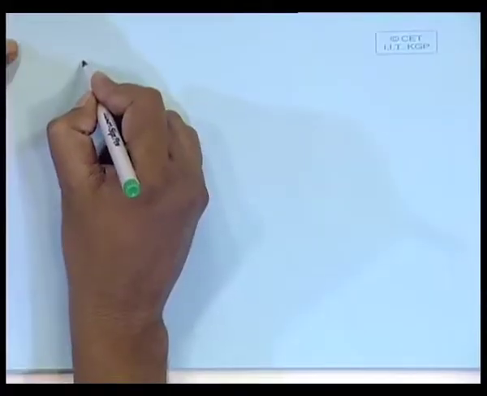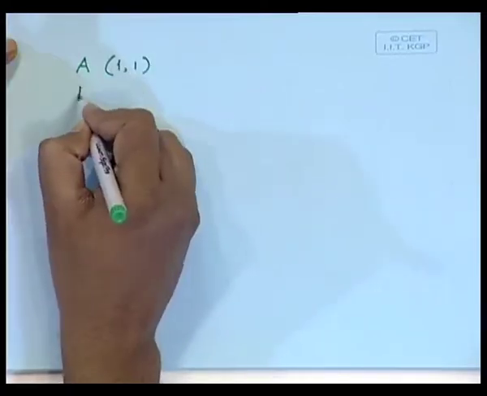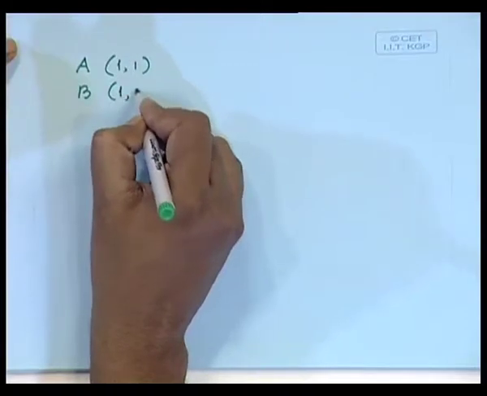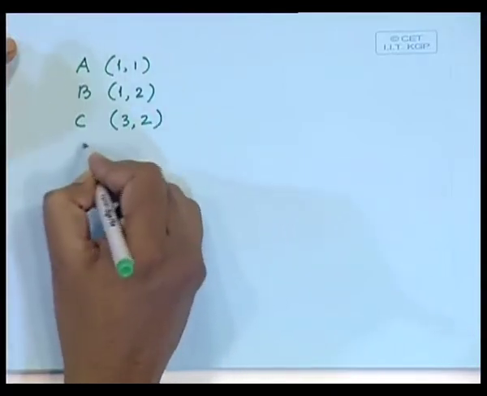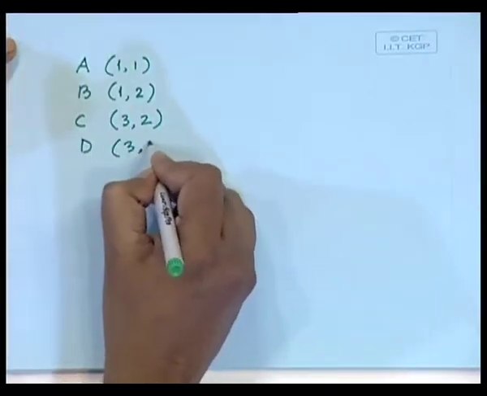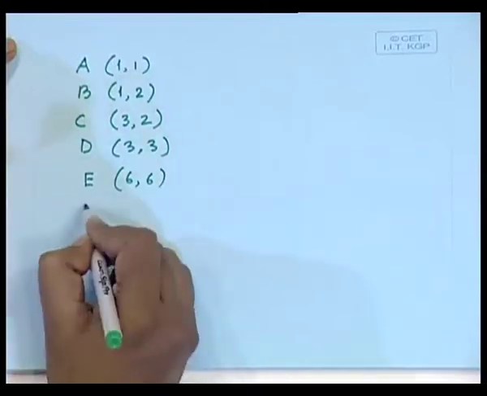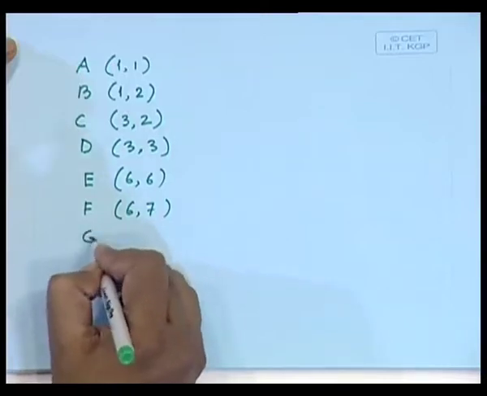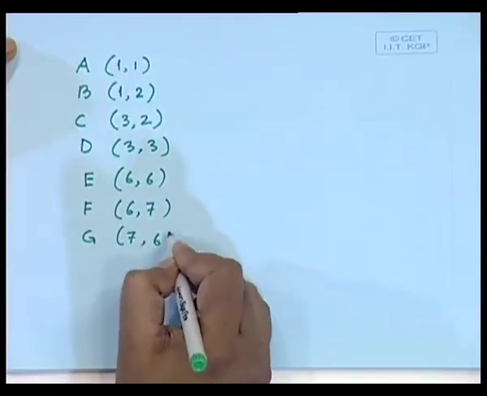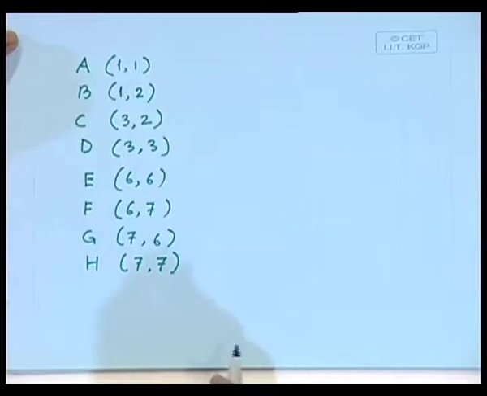I will use a set of feature vectors: feature vector A, which is (1, 1), B, which is (1, 2), C, which is (3, 2), D, which is (3, 3), E, which is (6, 6), F (6, 7), G (7, 6), H (7, 7). So, I will consider these 8 feature vectors.